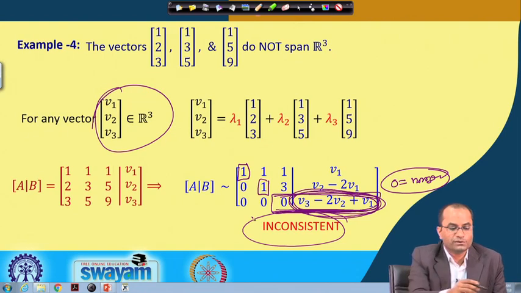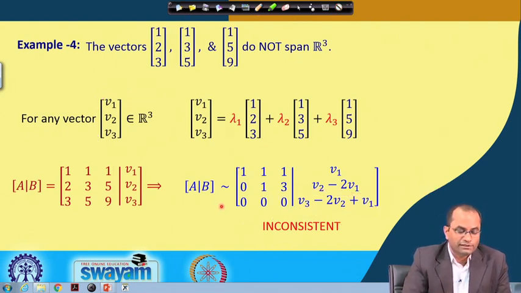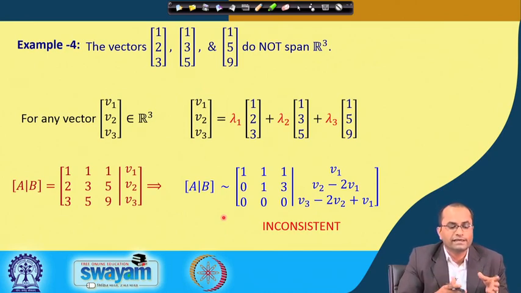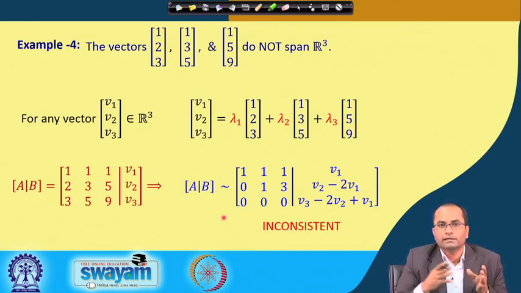So, what we have observed is that just the number is not important, that we have taken here 3 elements from R3. In the third example we have taken 4 elements from R3. In the first 2 examples we have taken again only 3 elements. In the first 2 cases we had a unique representation for a given vector from R3 in terms of the given vectors.